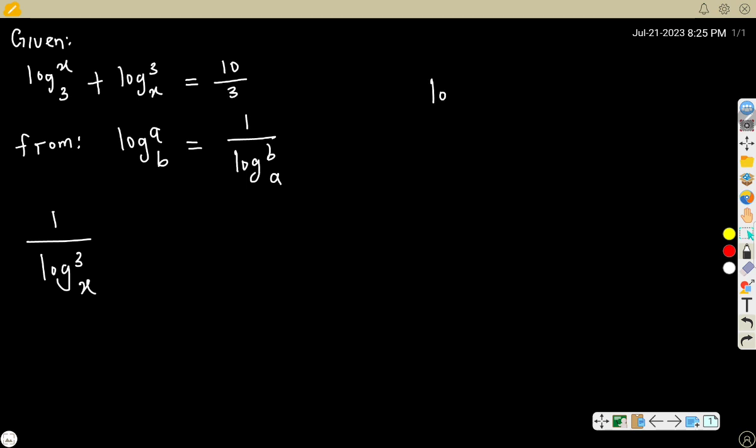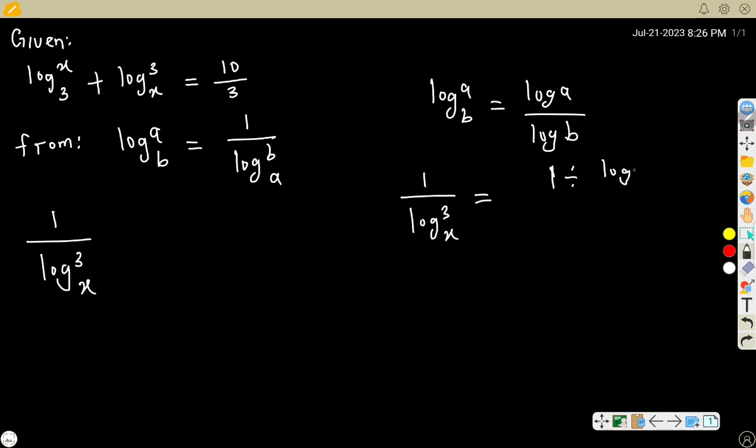Remember this law again: log a base b is equal to log a divided by log b. If you know this law, that means 1 over log 3 base x is the same thing as 1 divided by log 3 divided by log x, so 1 divided by log 3 over log x.